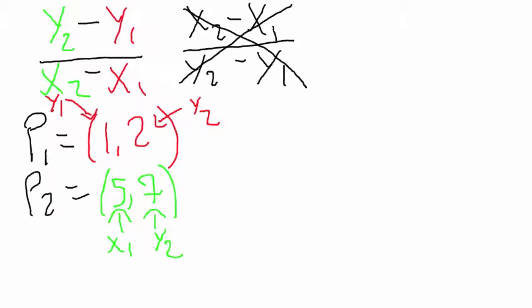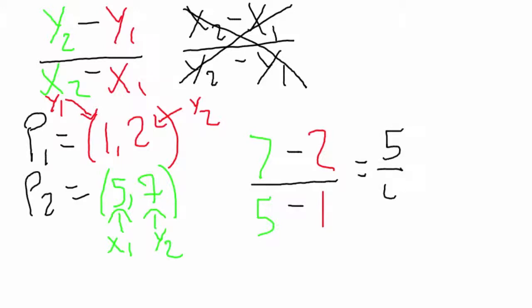Sorry for the crowding of numbers. But fitting into the equation, we have 7 minus 2 divided by 5 minus 1, which equals 5 over 4, which is our slope of the line.